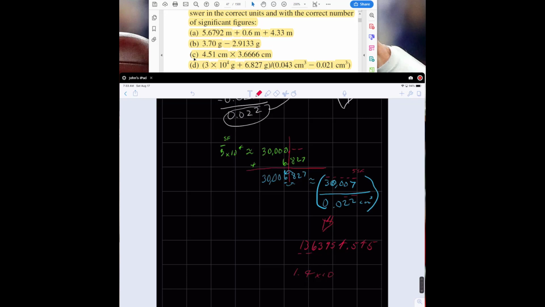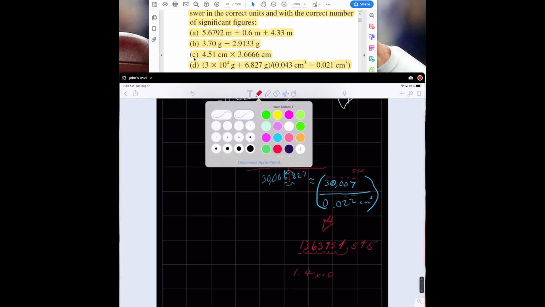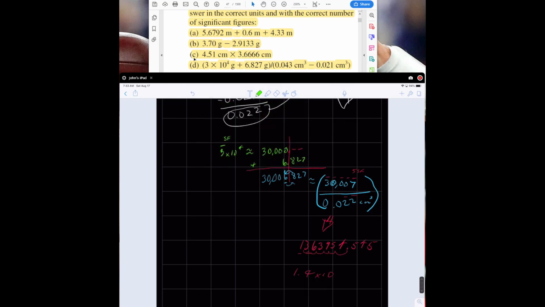Yeah, I'm not too sure where the book is getting this number from. The textbook has the solution for this one as 1 times 10 to the 6 grams over centimeters cubed.